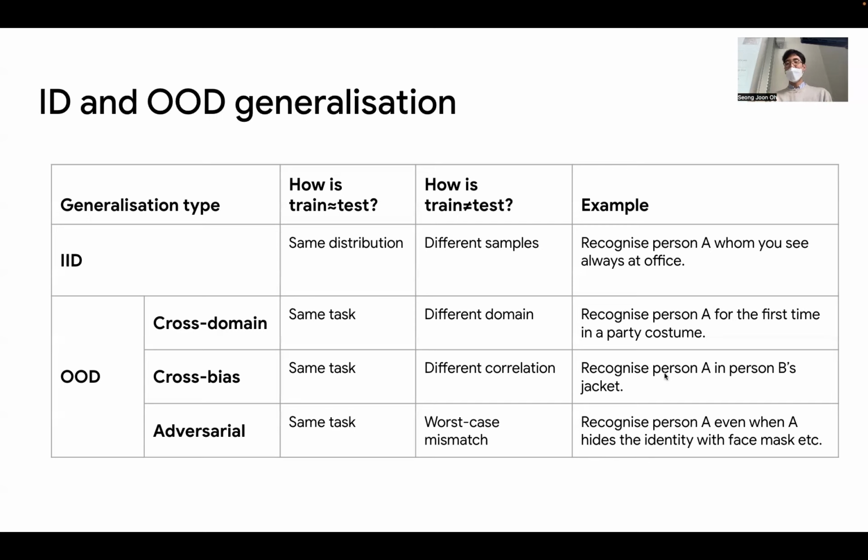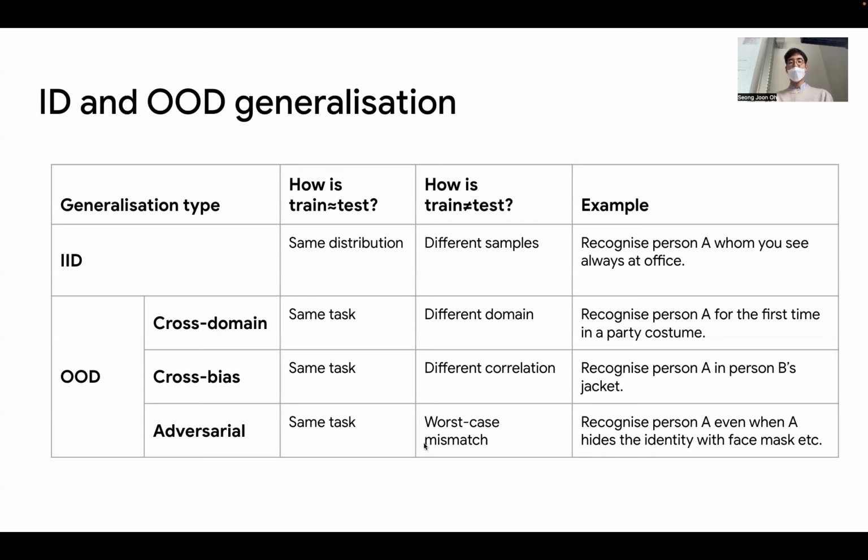Now the cue for person A has changed from the person's own jacket to person B's jacket, and so the machine is very likely to confuse this person for person B instead of person A. So this is testing if the model is focusing a lot on a cue which is irrelevant to the identity of the person. This is called cross-bias generalization.